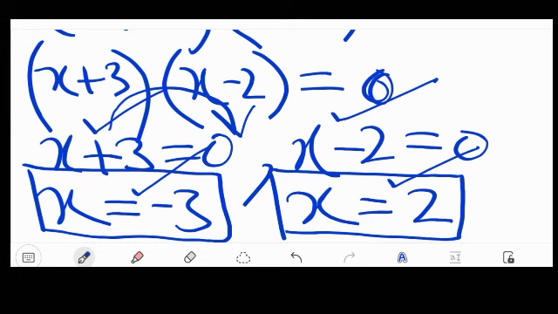Similarly, when x is equal to plus 2 is put instead of x, after solving we will have the same result on the left and right side of this quadratic equation, because these two are the solutions of the equation, so they both must satisfy the equation.